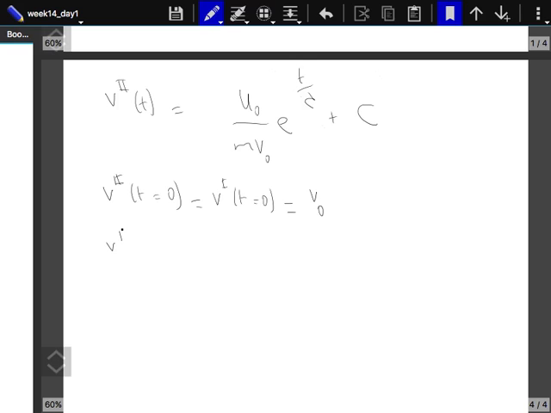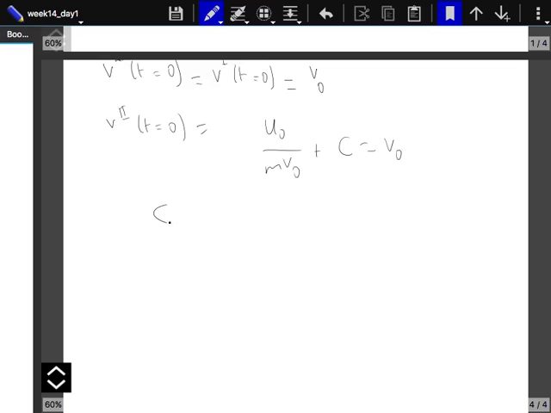So the velocity in region 2 at t equal to 0, which is u0 over m v0 plus c, should be equal to v0, or c should be equal to v0 minus u0 over m v0.